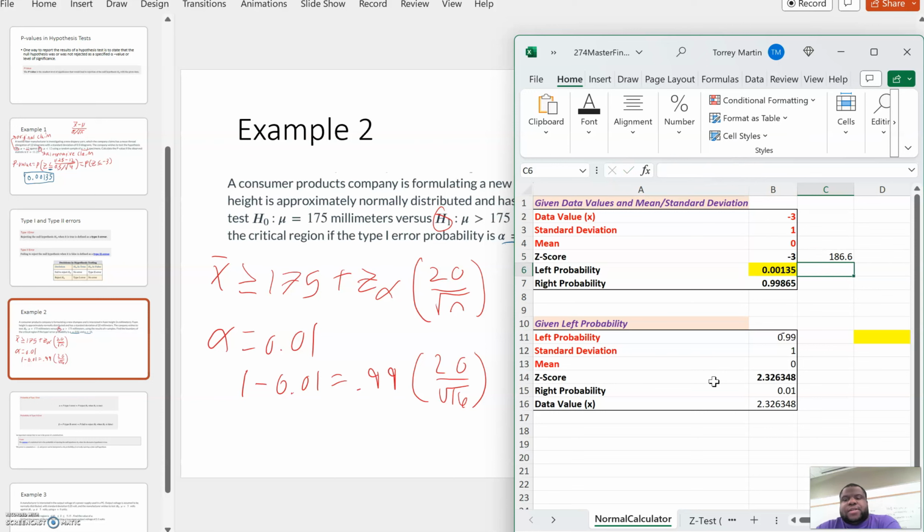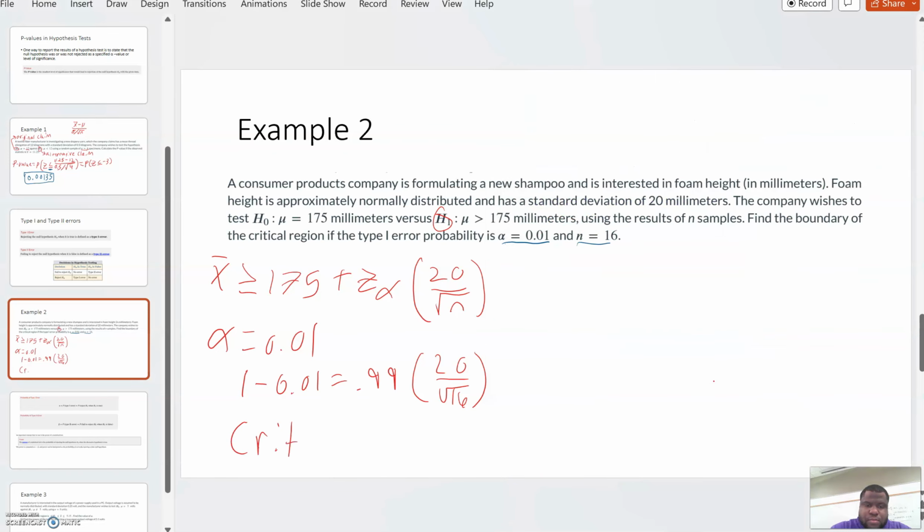And that should give us 186.6 being our critical region for this type 1 probability. So our critical value is 186.